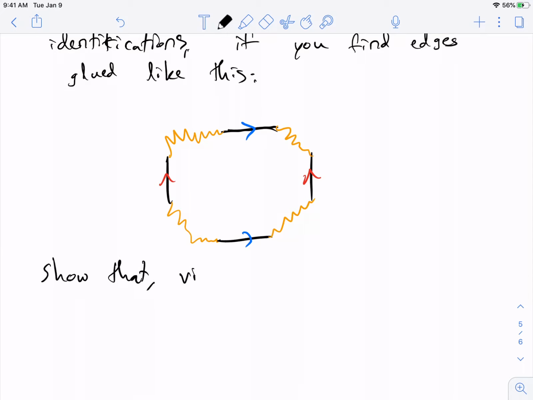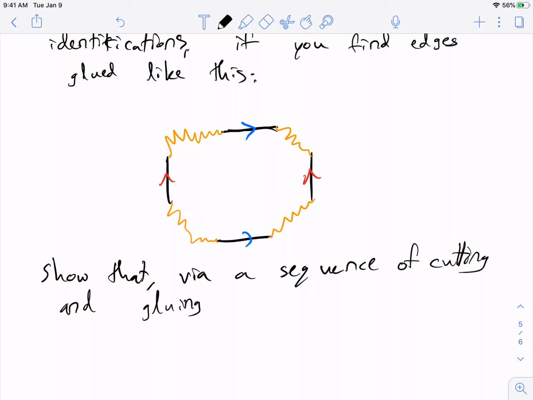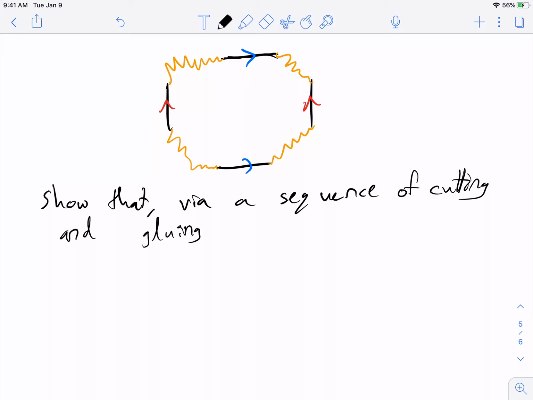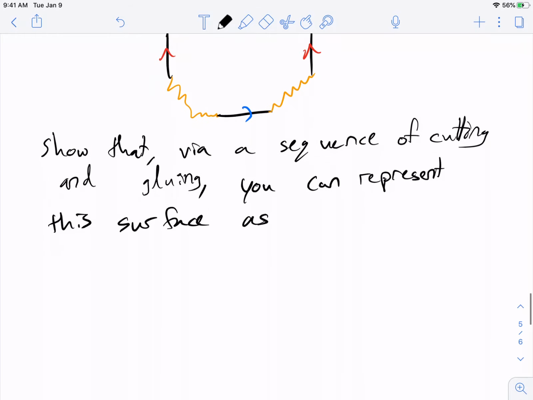Show that, via a sequence of cuts and glues but never changing the surface, so you always remember where you cut and draw arrows on those new lines to show that they're identified, you can represent this surface as the following.